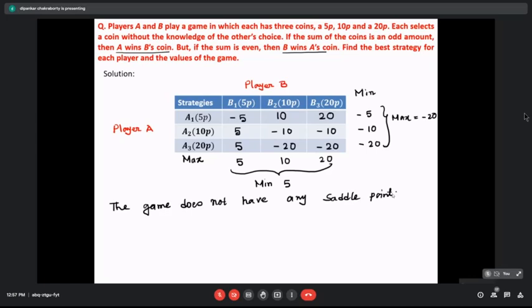So for the dominance rule, what we are going to do? We are going to see whether any row is dominated by any other row or whether any column is dominated by another column or not. Clear? So now, if you look at B1, B2, B3, have you found whether any column is less than or equal to or greater than or equal to any other column?